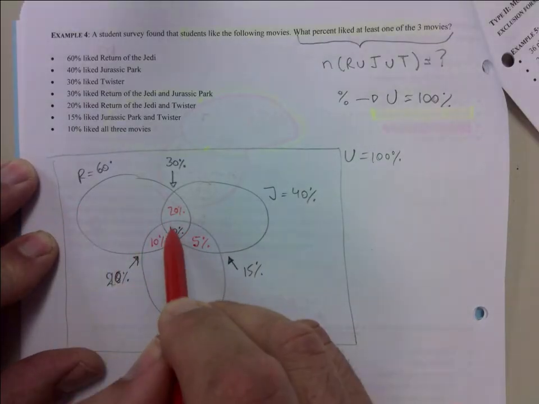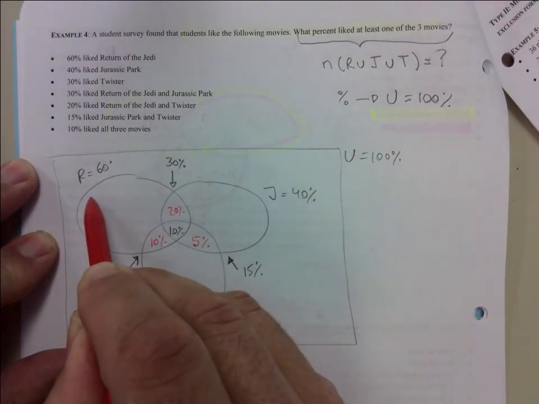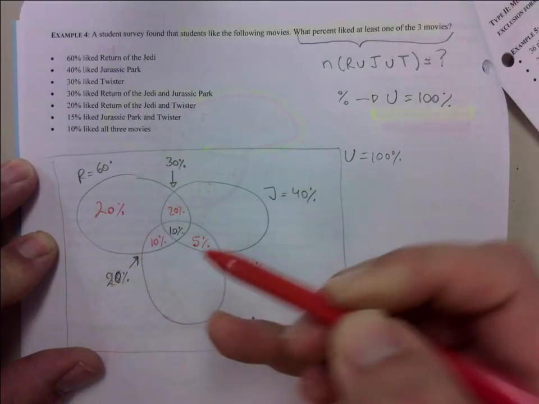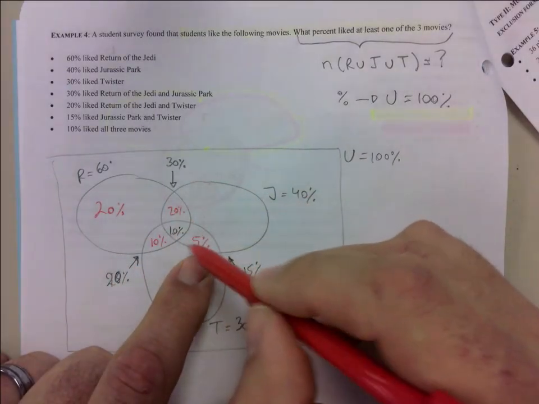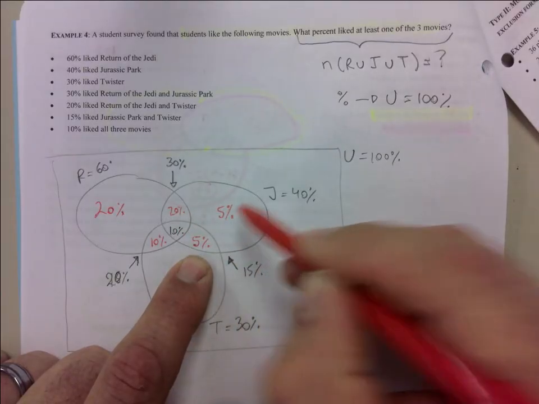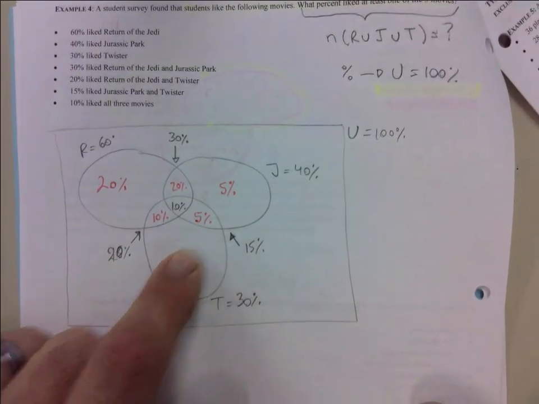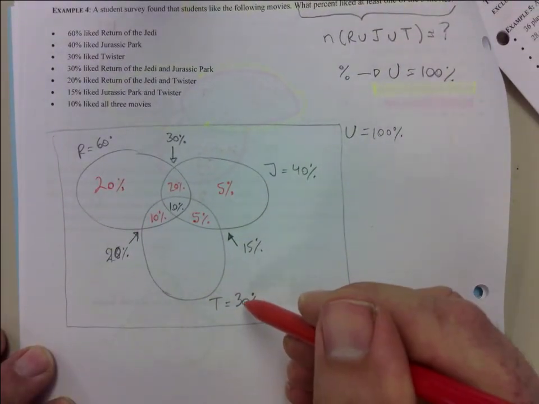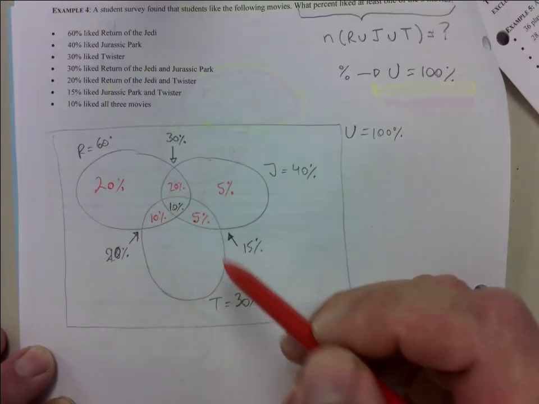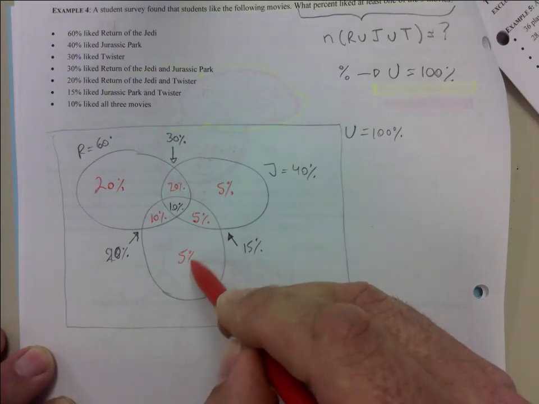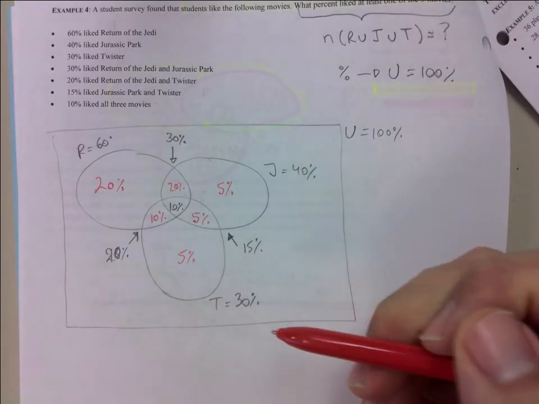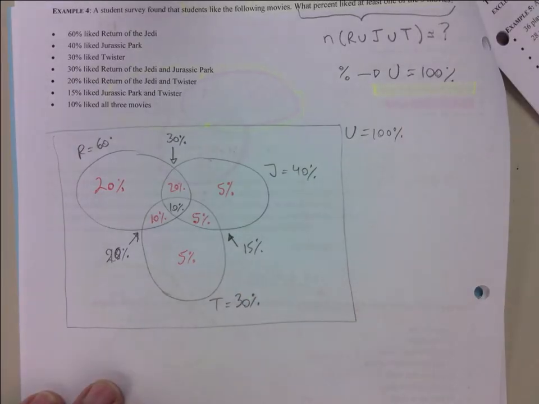So 60 minus 30, 40, so this is 20% because it has to add up to 60. This one adds up to 40, so this is 35. This has to be 5%. This is 30. So you've got 10 and 10, that's 20, 25, which means that there's 5% left over, right? You subtract these 3 from 30 to get that 5.